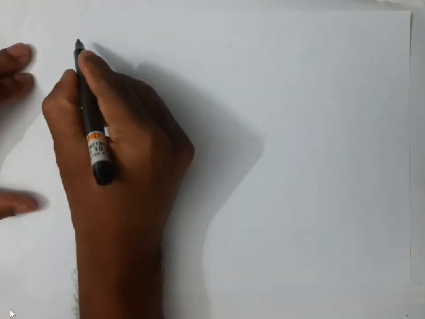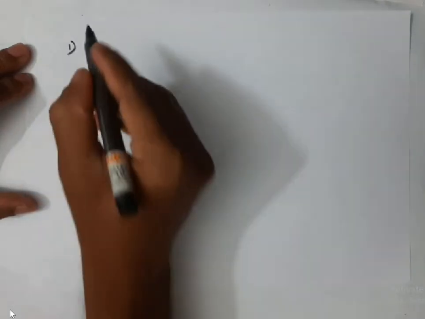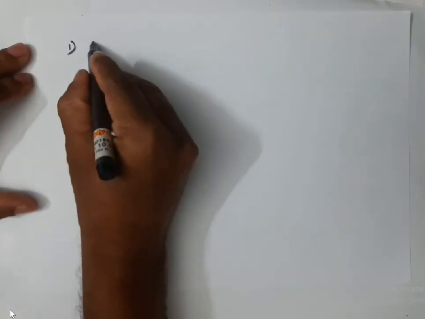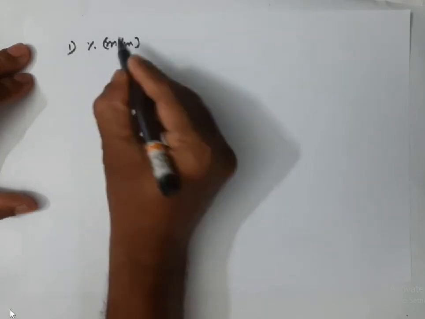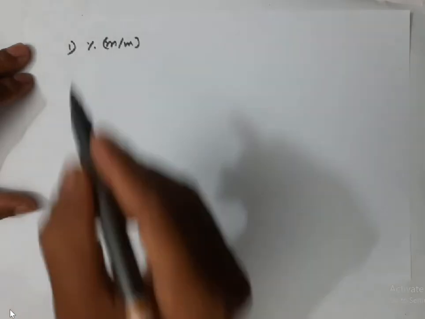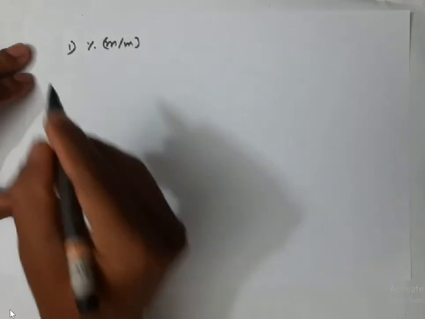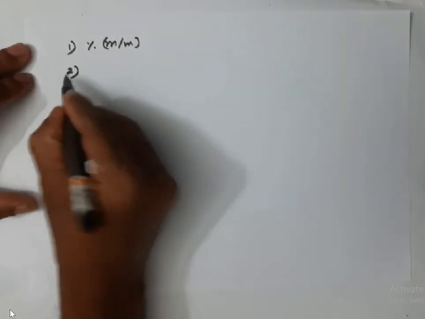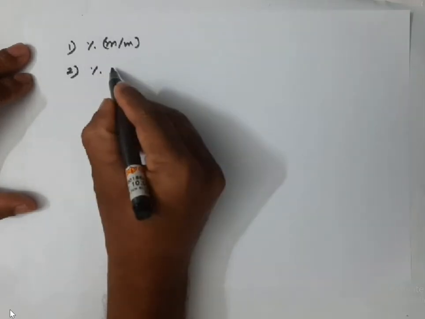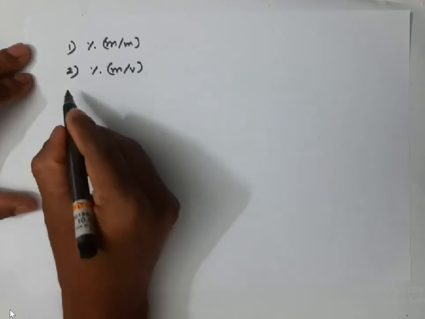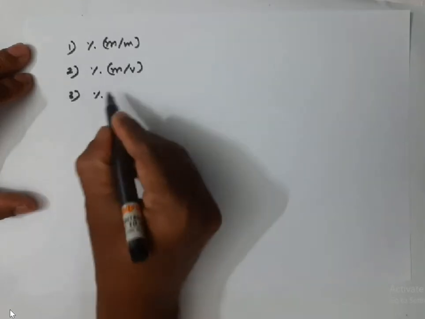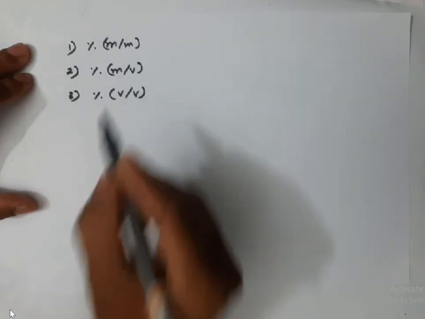Okay, so in the last class we discussed methods of expressing concentrations, under which we discussed percentage mass by mass, then percentage mass by volume, then percentage volume by volume.